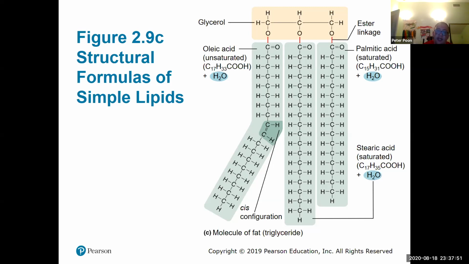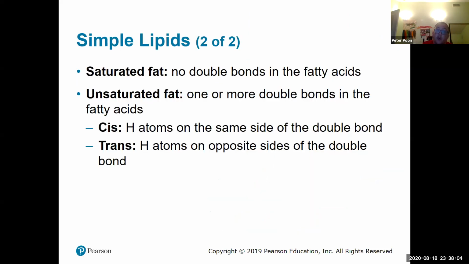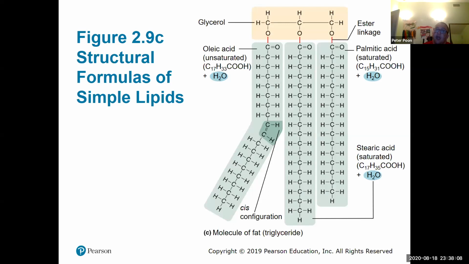This one has one double bond, so it is called an unsaturated fatty acid. The unsaturated fatty acid can either be trans or cis. This is cis. The two chains are on the same side of the carbon.